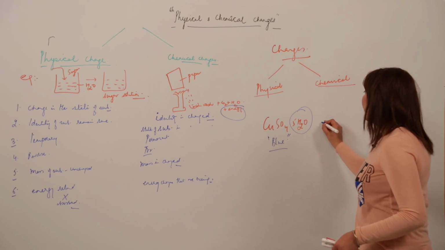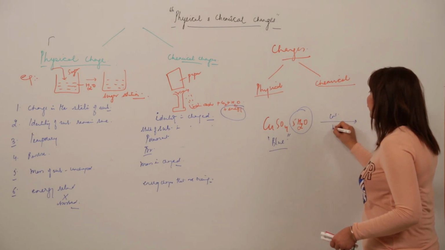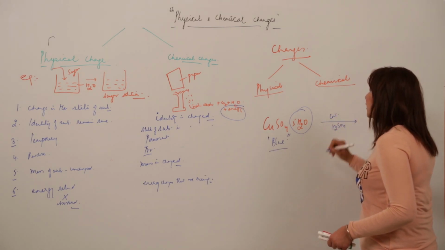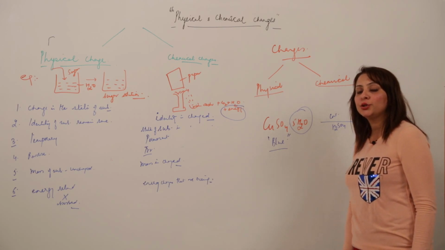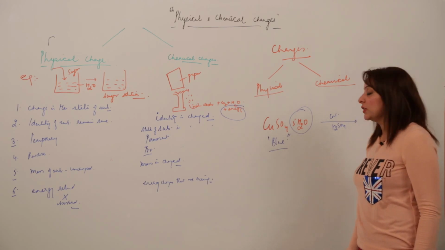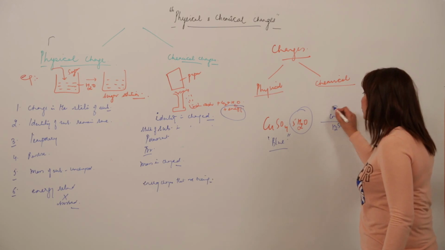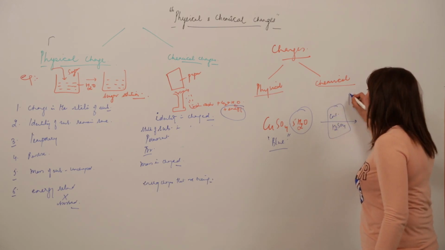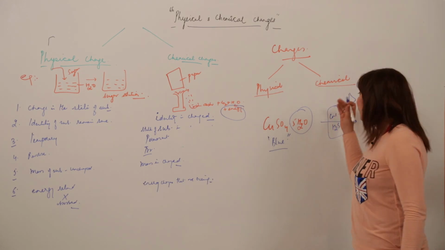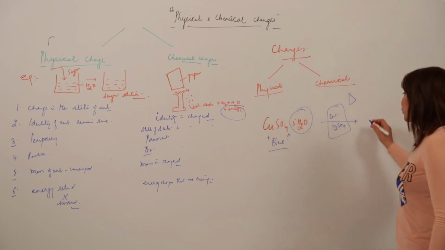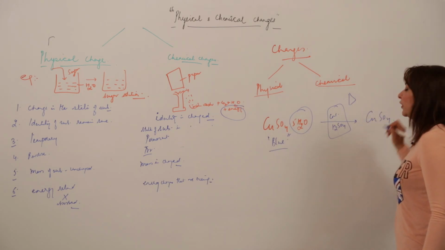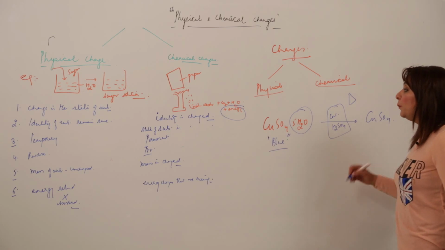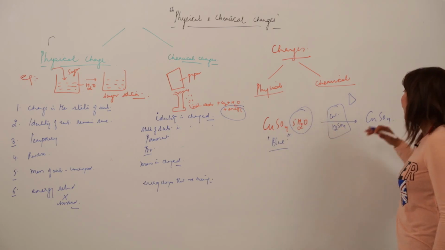Now what I am doing is adding concentrated sulfuric acid to it. What does concentrated sulfuric acid do? It acts as a dehydrating agent. Either I can use this dehydrating agent or I can simply heat it. By either way, it is going to lose its water of crystallization and it will become from a hydrated salt to an anhydrous salt.